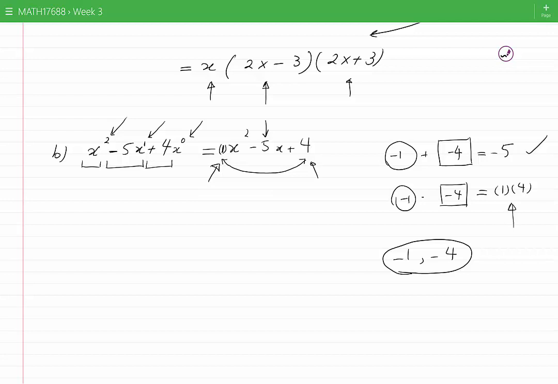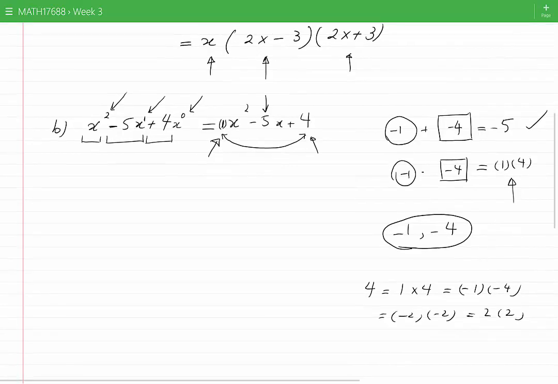This is 4. 4 can be written as 1 times 4, -1 times -4, -2 times -2, or 2 times 2, and I cannot think of any other factoring. So the answer would be one of these possibilities.